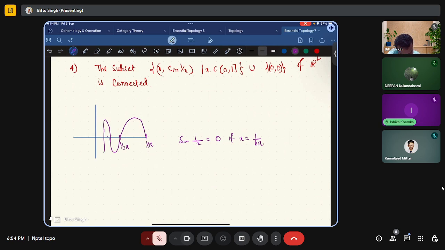Its frequency will increase, so it will become denser here. So this curve is there. Now the question is, is it connected if we don't consider the origin? Will this zigzag like thing be connected?